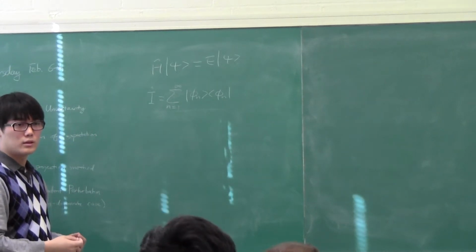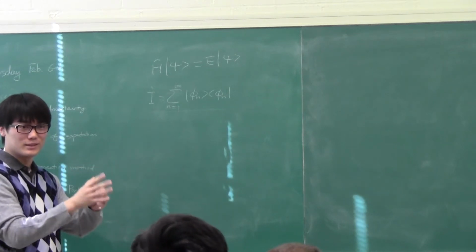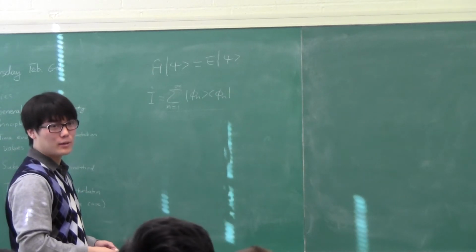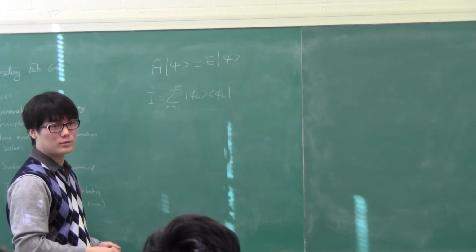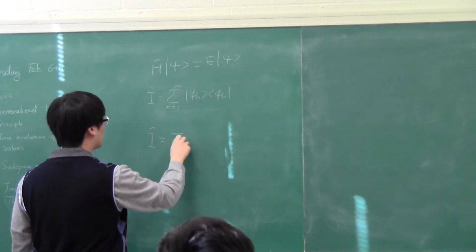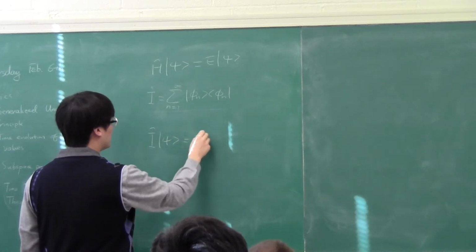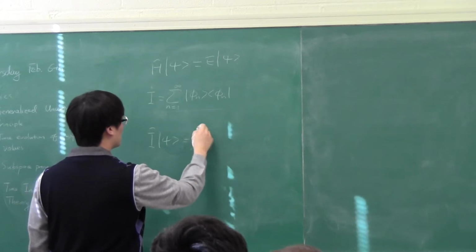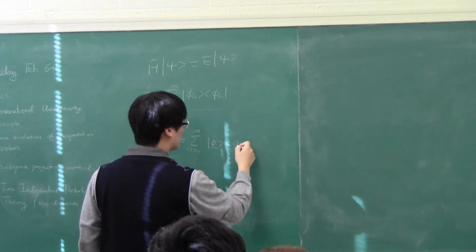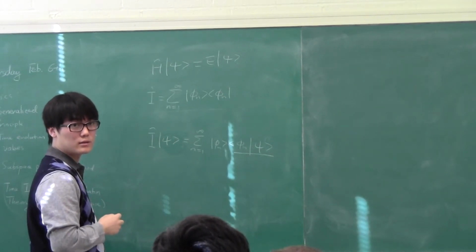I want you to use Dirac notation to think about it. If I was acting on some state, the first step is to project this onto that state, right?